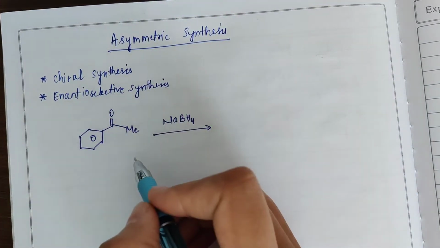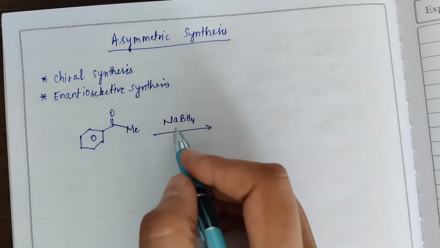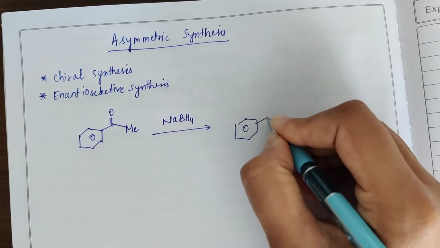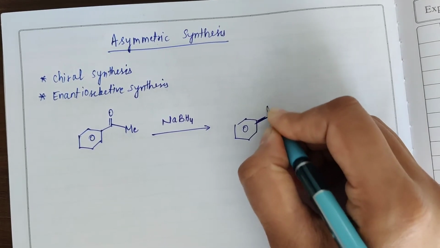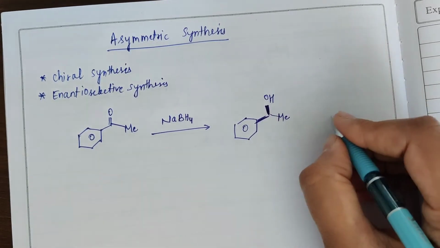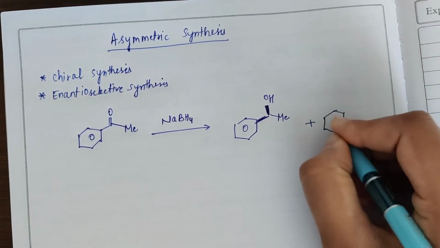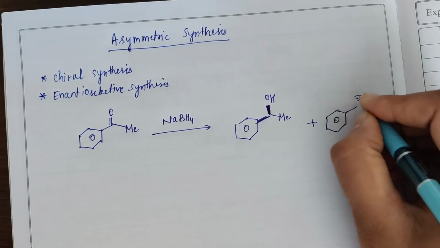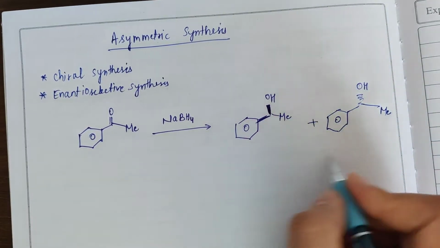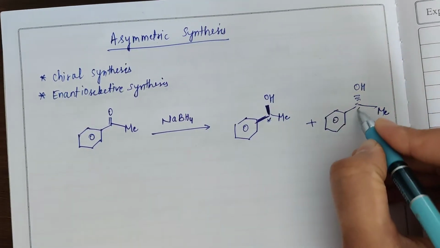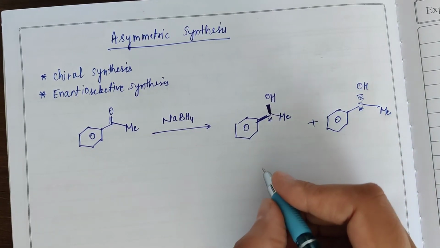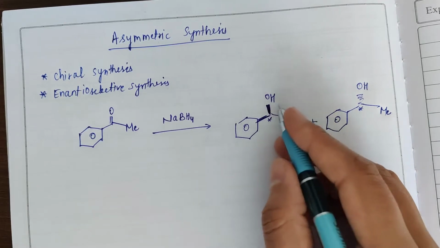For example, if we do the reduction of this molecule using NaBH4, we'll get this OH and methyl group, plus another isomer where the OH is away from the viewer. So this carbon is a chiral carbon, because it has 4 different substituents.